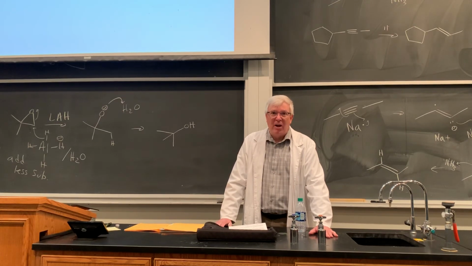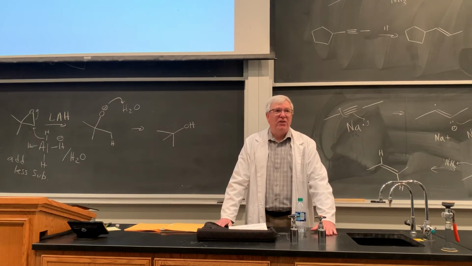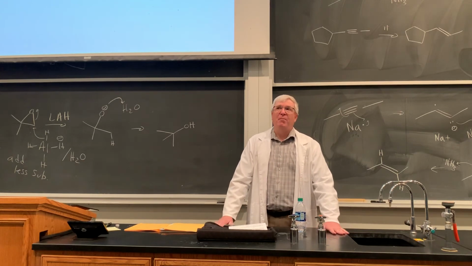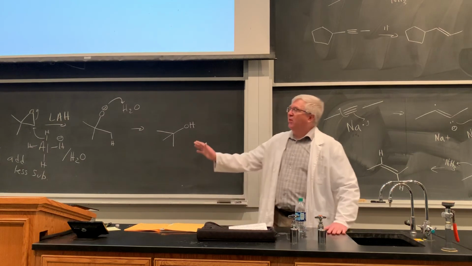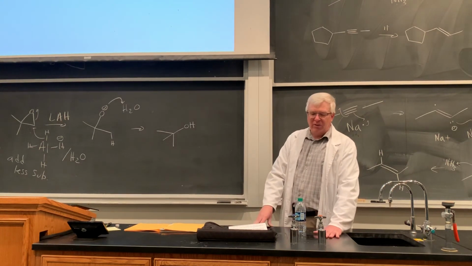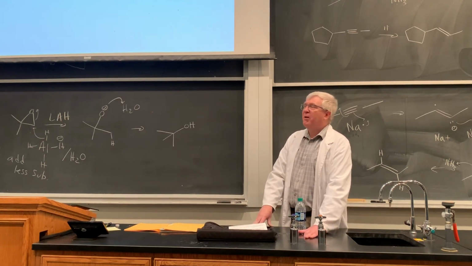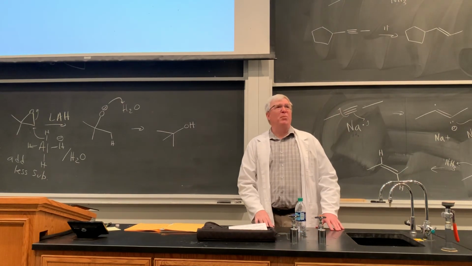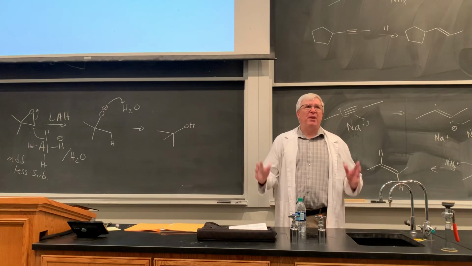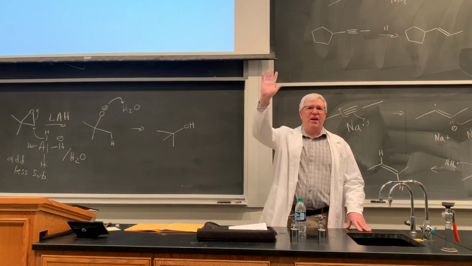The trans double bonds, the trans alkene, using what? Sodium metal and ammonia. And then we had a little bonus thing here, I think, with the LAH, with the alkyl halides, and opening the epoxides. So next time, stay tuned. We will do the second part of chapter 12, which will be the oxidations. And we'll see you next time. Very good.